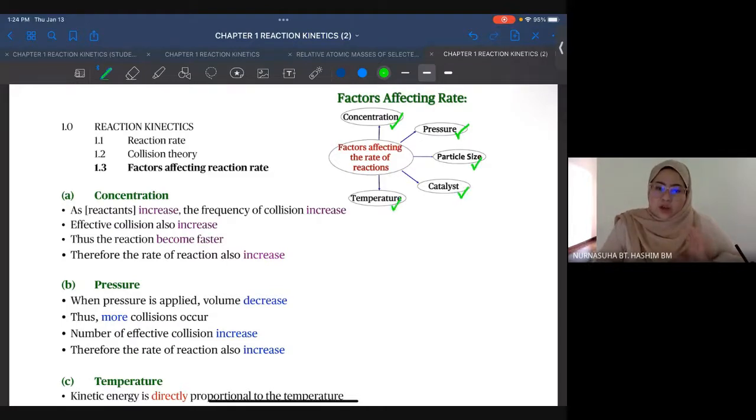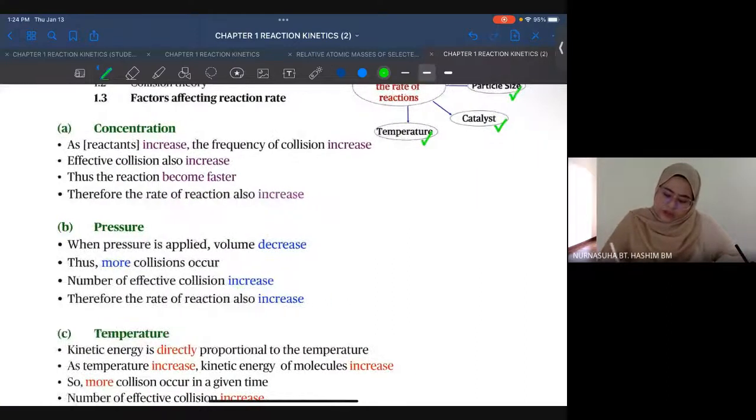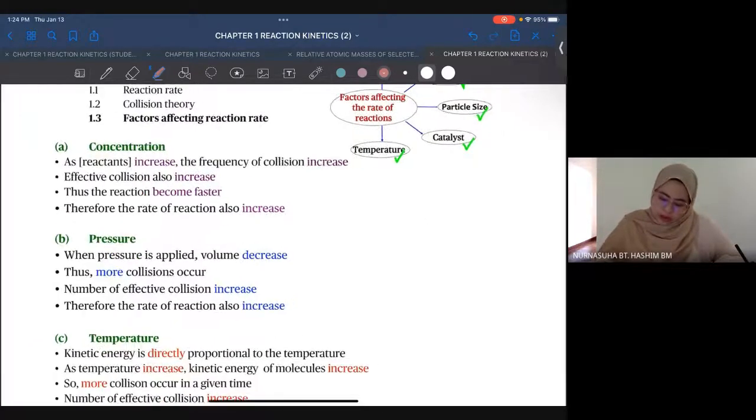So kita akan tengok what these 5 factors do that affect rate of reaction. Okay, the first one, yang ni dia banyak baca lah. Okay, so madam proceed dulu Wadina.